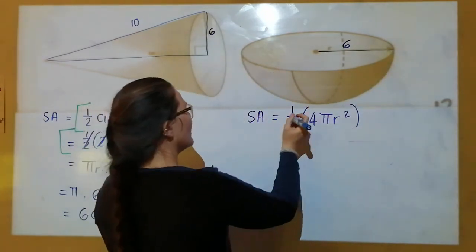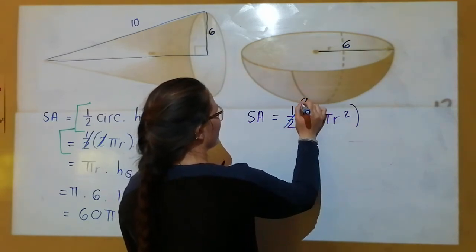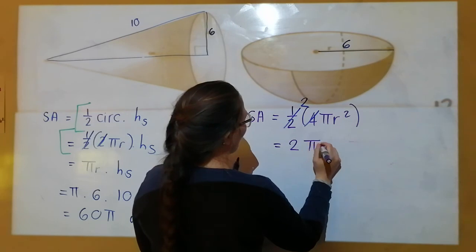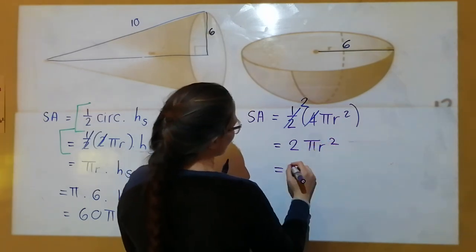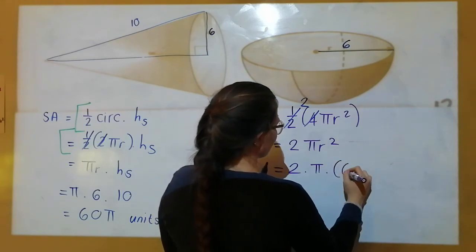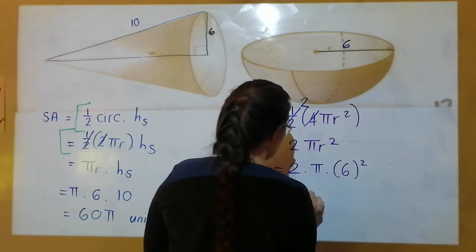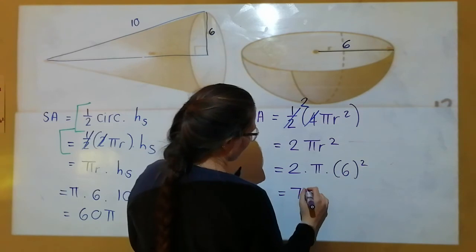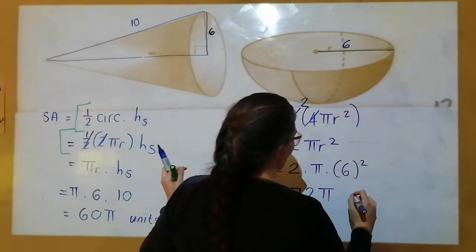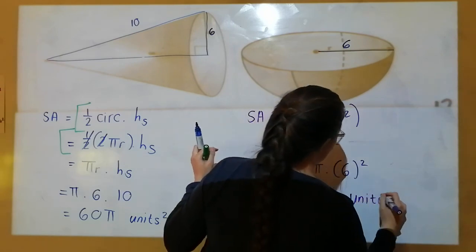And what do I know? That this cancels and it becomes a 2. So all I'm doing is substituting into 2 pi r squared. When I substitute in, 2 times pi times 6 squared, which is 36. 36 times 2 is 72 pi. And then I'm going to say units squared.